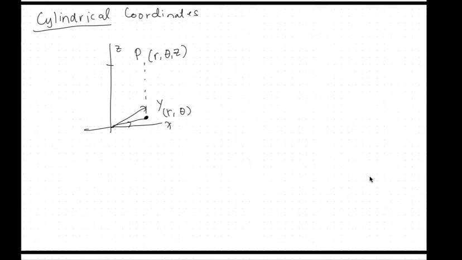So this point here is in cylindrical, and the point has ordered triple xyz in Cartesian.